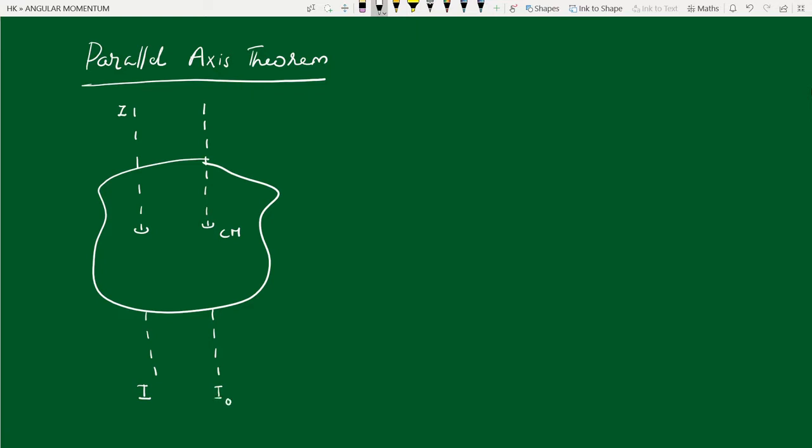These two axes, the z axis and the axis passing through the center of mass, are parallel to each other, and the distance between them, let us say, is a. It is the perpendicular distance between these two parallel axes.